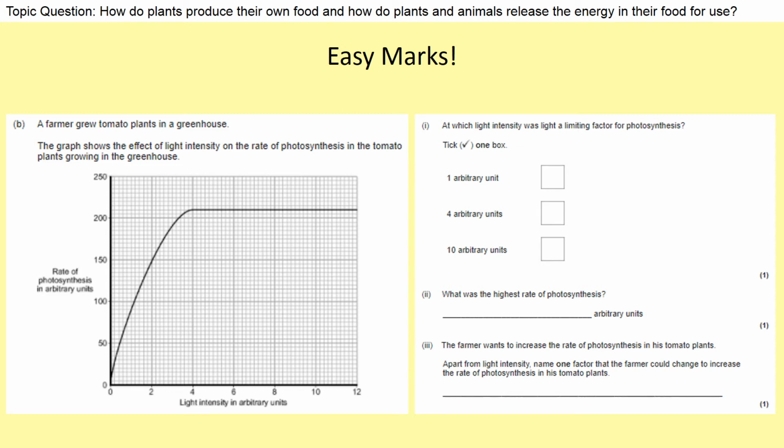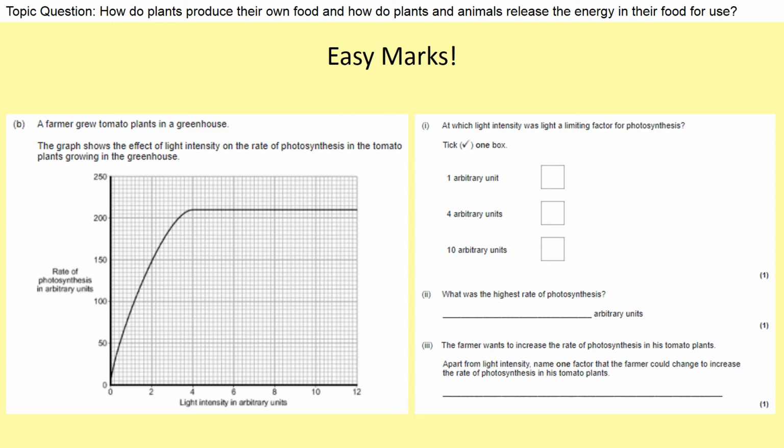Okay, easy marks then, as it says. First thing is just reading the information from the graph. So at what light intensity was light a limiting factor for photosynthesis? We know if it was a limiting factor, if it was stopping photosynthesis being at its maximum.